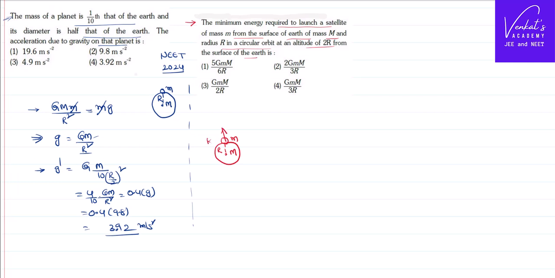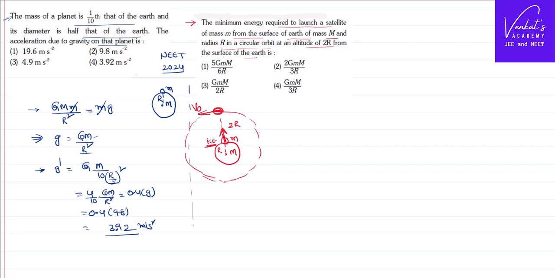That means it shall be given some kinetic energy so that it can go to an altitude of 2R from the surface of the Earth and then it orbits around it. What is the kinetic energy we need to give to this body, so that it can go and orbit from there in a specified orbit?